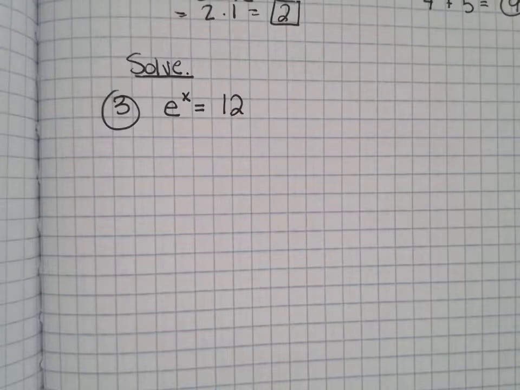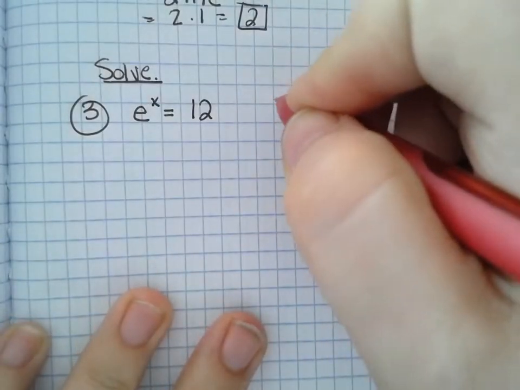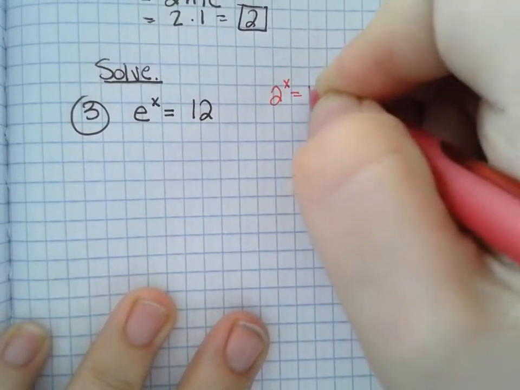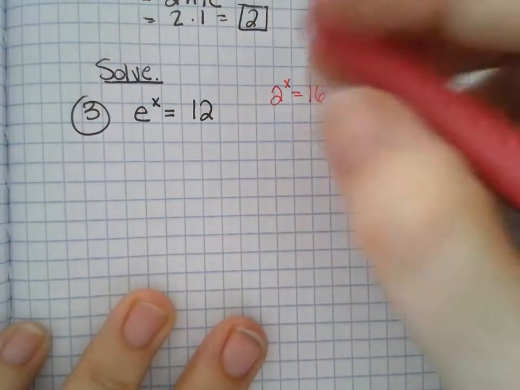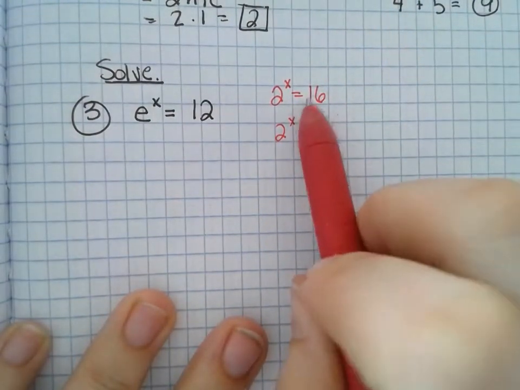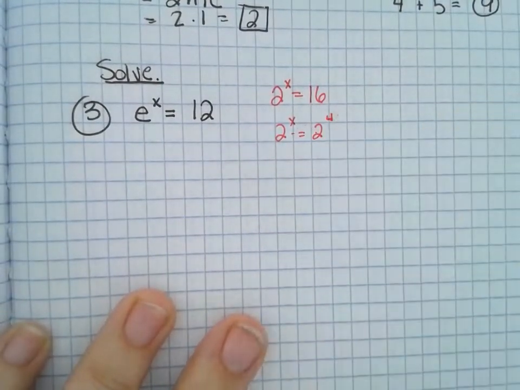Now, let's think back really quickly. In the other class, we had 2 to the x equals 16, right? And we would make this 2 to the x equals 2 to what power gave you 16? 4. So then we would say x equals 4. We did that last class.